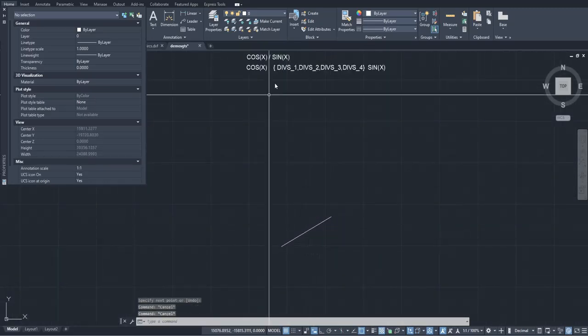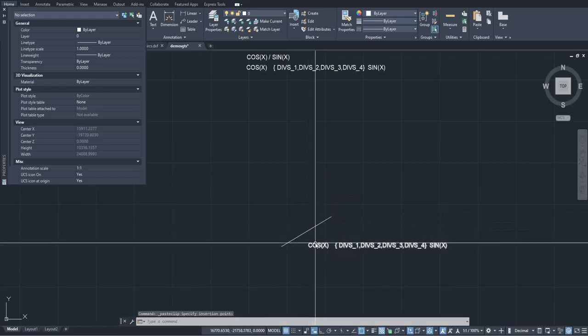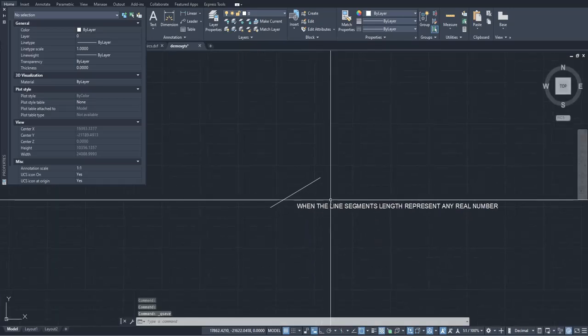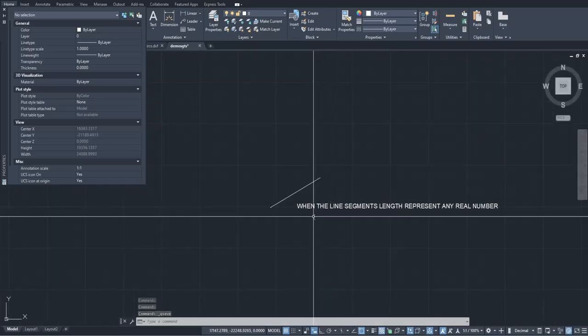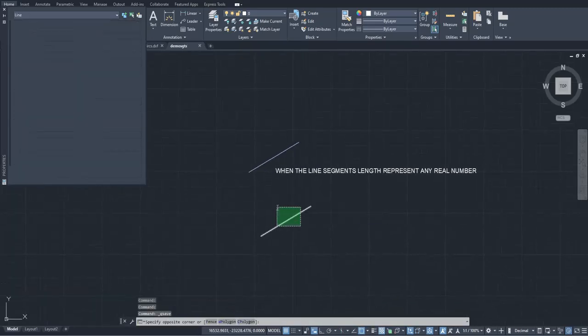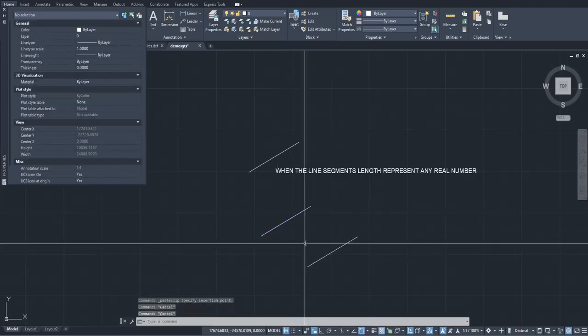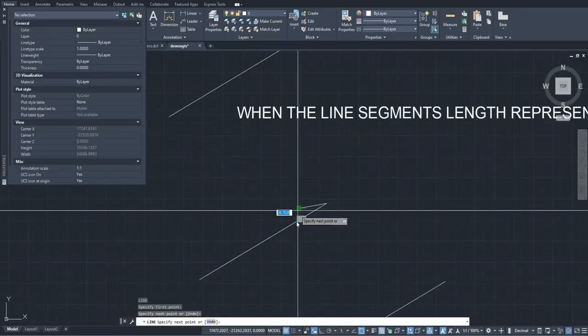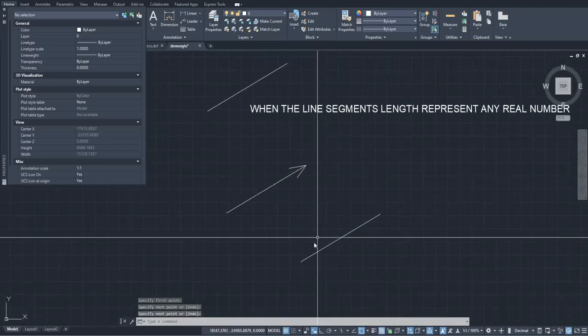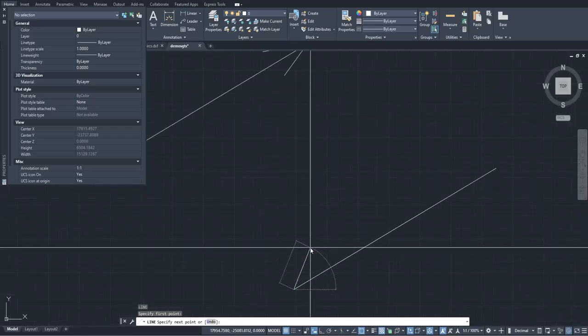So here we are coming back to another condition, that if any line segment is representing any number, when the line segment length represents any real number, then in Sanjoy Nath's Geometrifying Trigonometry, that number is either represented as a going vector or as a return vector. Suppose the going vector is from the start end to the final end, or it is from the final end to the start end.